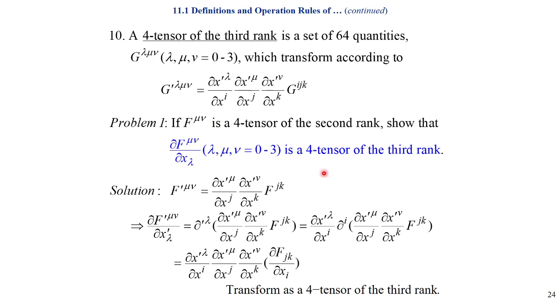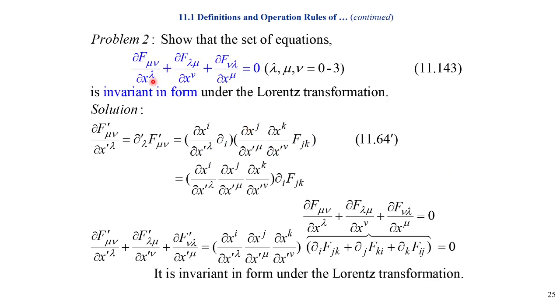And most importantly, this one. We already showed you that the set of equations is invariant in form under Lorentz transformations. So for this 4 tensor of the third rank, we just permute, and then we will have the same invariant form under Lorentz transformation.